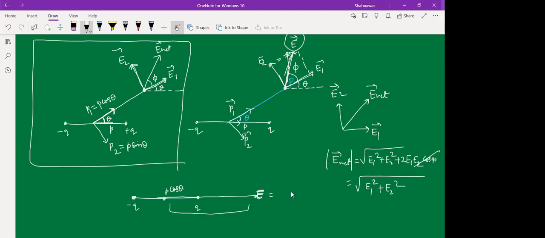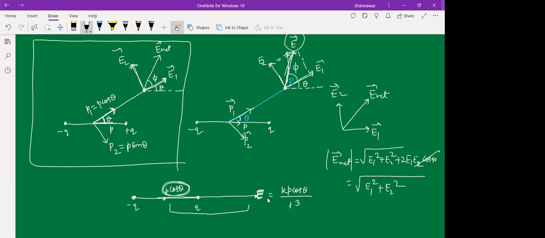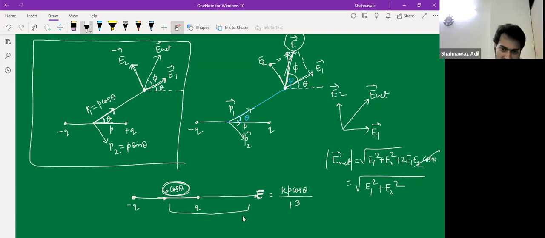I am just writing that the magnitude of the dipole moment is P cos theta. So this would be K P cos theta by r cube. Am I correct or wrong? So this would be 2 K P cos theta by r cube.